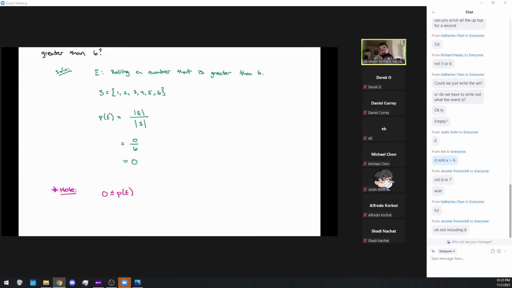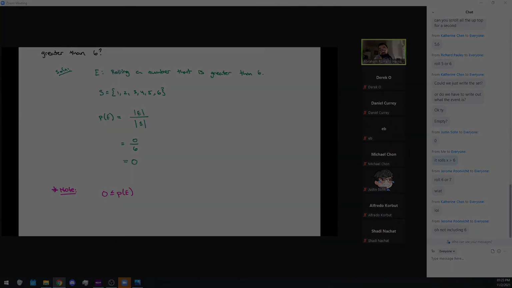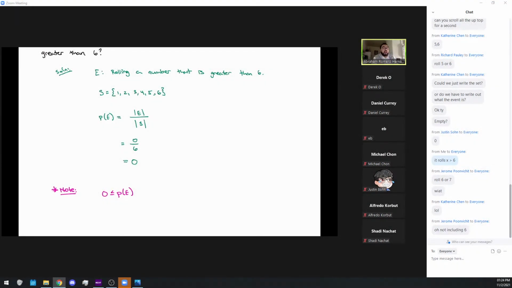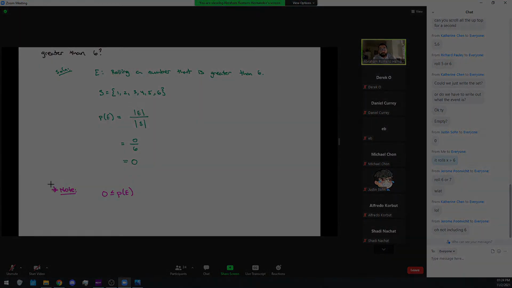You can't have a negative probability. That doesn't make sense. If the probability is 0, then it is not possible. Does that make sense so far? Any questions on that?